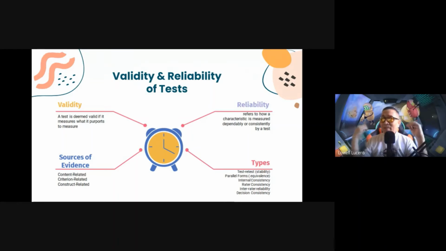In the board exam I took many years ago, we had three classifications. Set A has the same competency as set B and set C. But our number one is different from number one in B and number one in C. So you cannot copy, because we have different item numbers. But the items in A, B, and C only measure the same competency. That's what we call parallel forms.